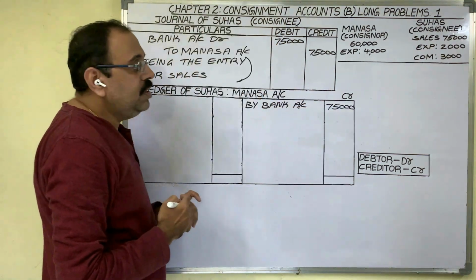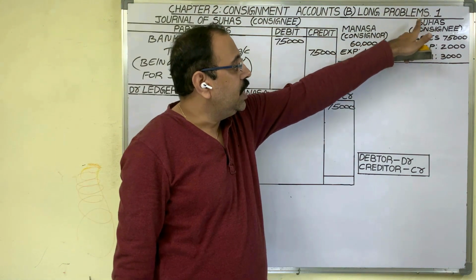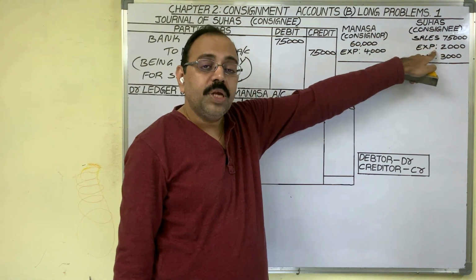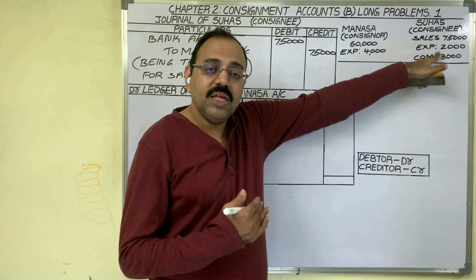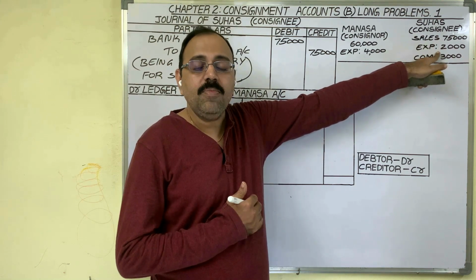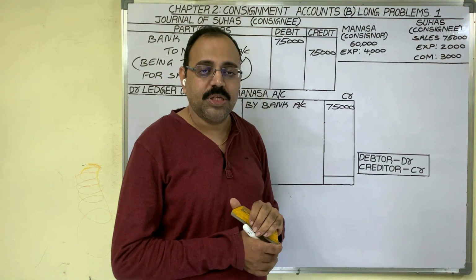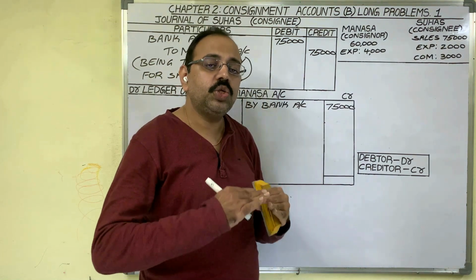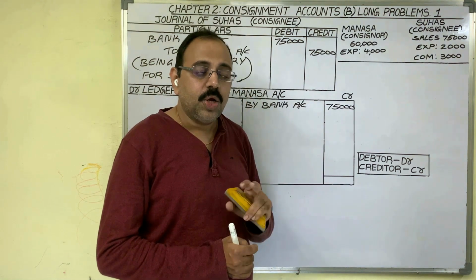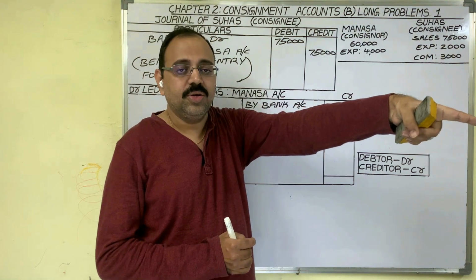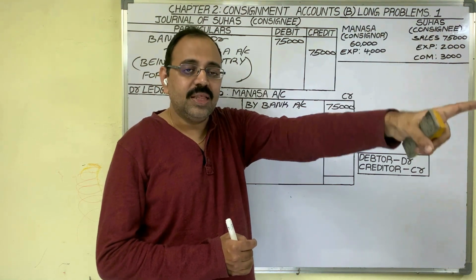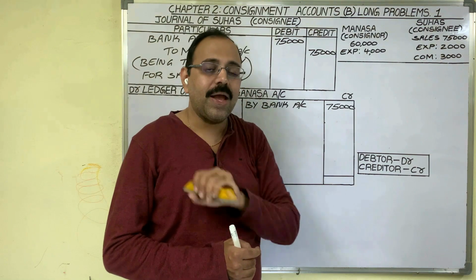Next transaction, consignee incurred 2,000 rupees expenditure. He may pay this expenditure in cash form or he may issue a check for this 2,000 rupees. Our assumption is he issued a check for that. Then the person to whom he issued a check towards this expenditure takes money from bank, no?